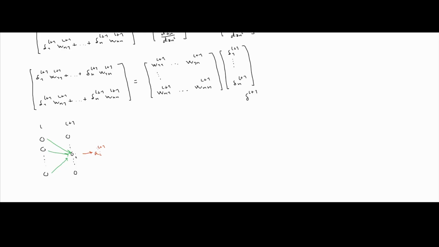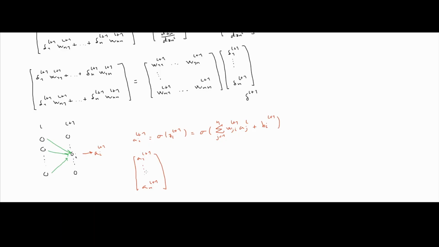Now recall that if we had some activation for some neuron I in layer L plus 1, this activation was given by the activation function for layer L plus 1 applied to the weighted input at the neuron. Now if we want to capture all the activations at layer L plus 1 in a vector, then we can vectorize these activations as A1, L plus 1, all the way to AN, L plus 1.